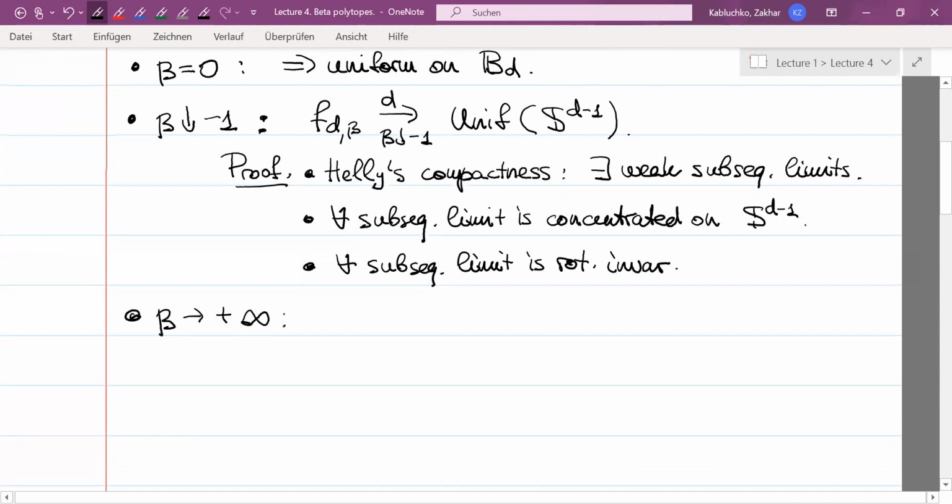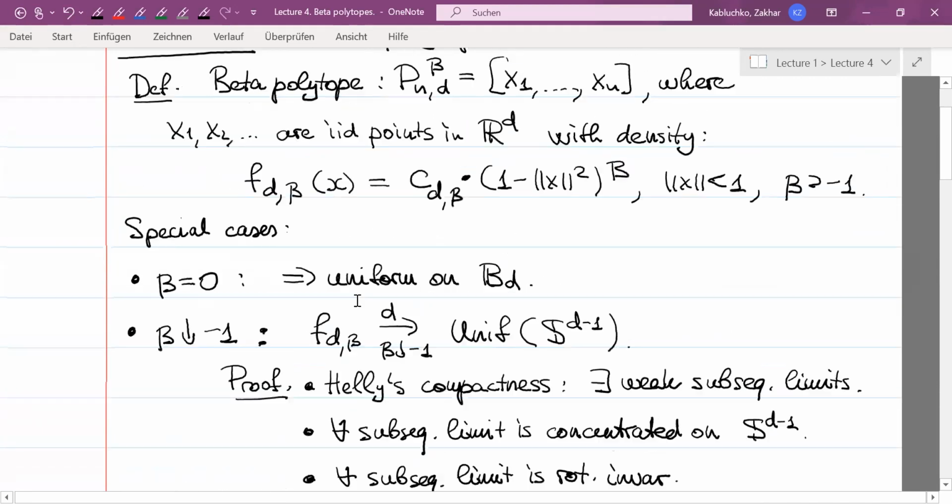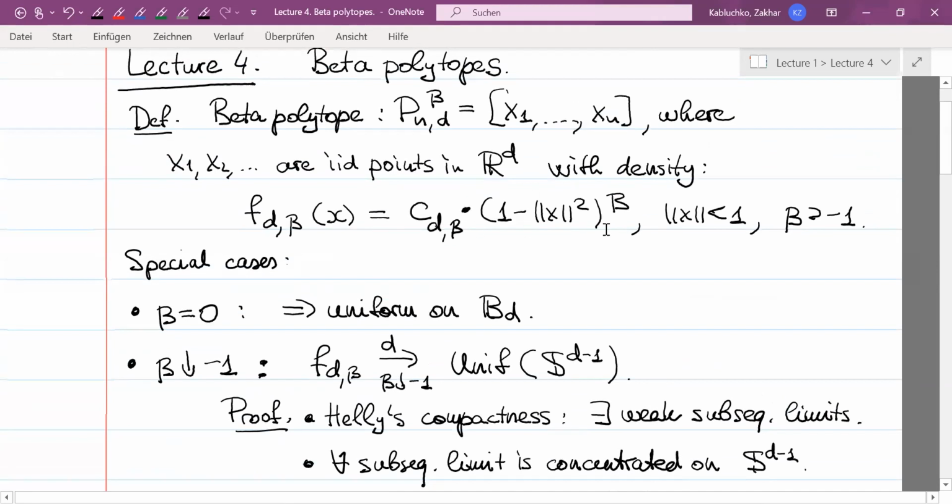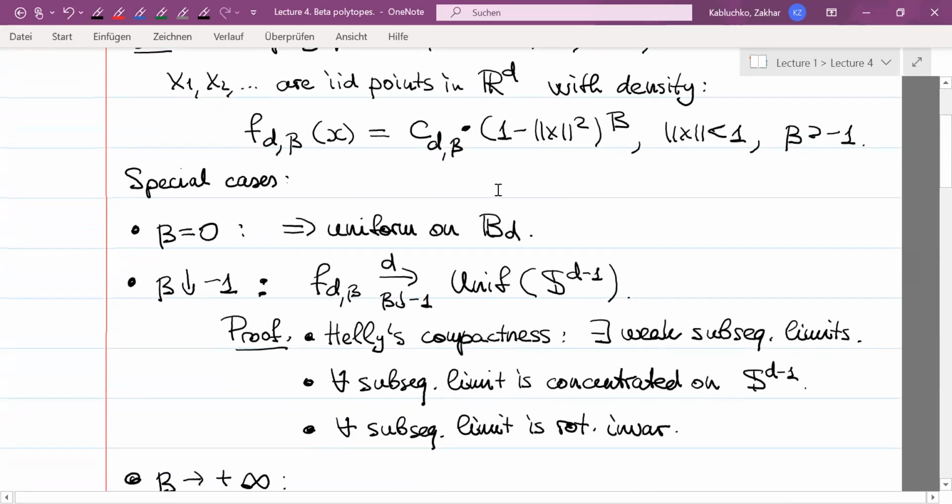What is the limit of that distribution if β goes to plus infinity? Maybe after some normalization. Well, if I would normalize it and divide ||x||² by β and let β go to infinity, then the limit would be e^{-||x||²}.